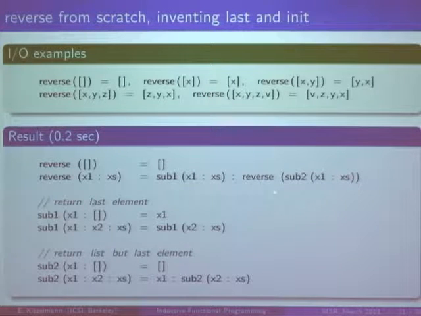The solution for the recursive case is: for a list of one element and a rest list, take the last element from the list and put it in front of the reverse of the init list. This is not a very efficient implementation, but a correct one at least.